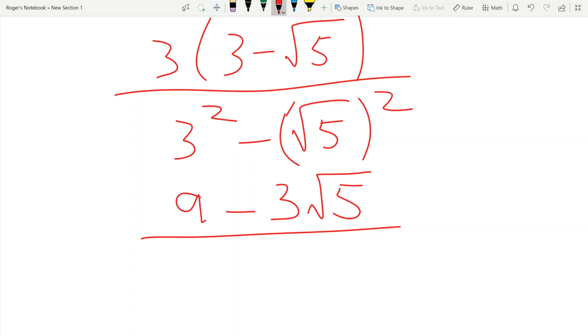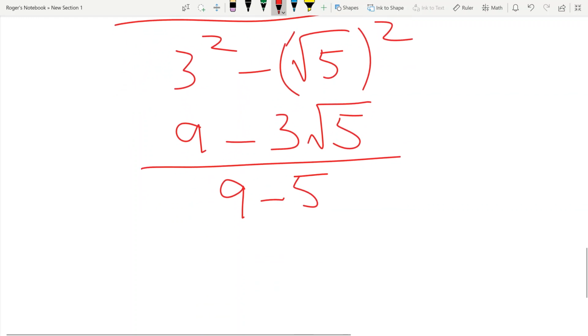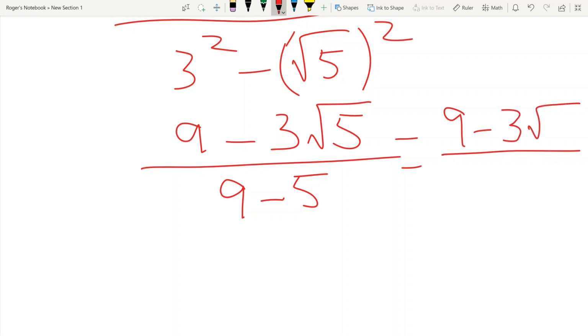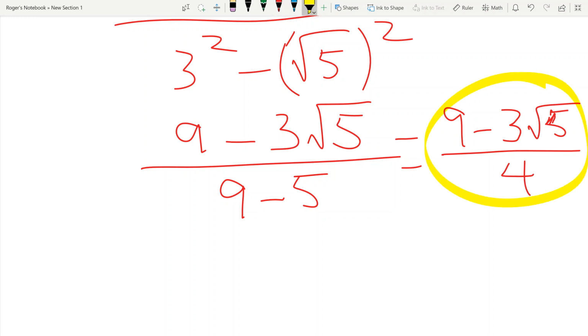But in the denominator, it's 9 minus 5. So finally, our answer is going to be 9 minus 3 times the square root of 5, all divided by 4. So there you have it, simplified form.